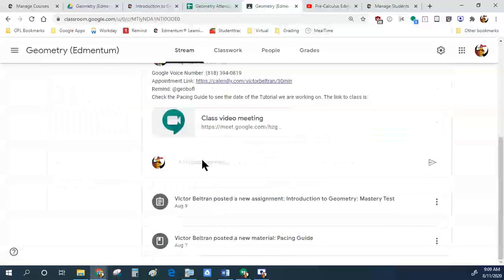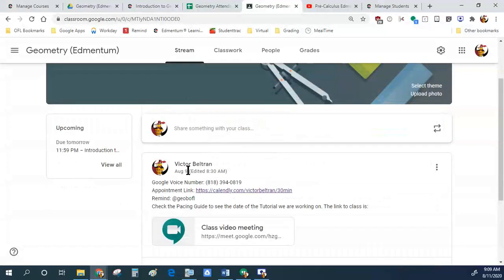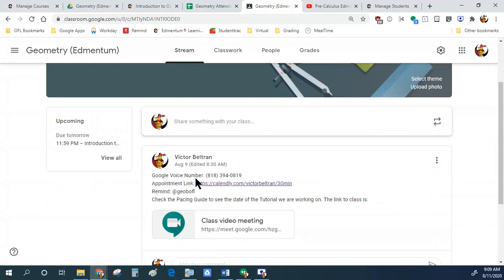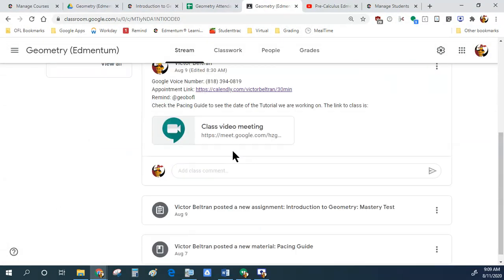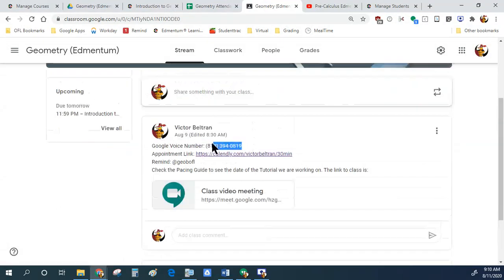Also in the Google Classroom, I'm going to keep this on top as much as I can. As I post different things it'll move down, but I'll keep moving it back up. This is my Google phone number. You can text it or call it, although I'm usually busy, so you'll probably have to leave a voicemail. I recommend doing Remind, because that's how I'll let you know that an assignment is due.